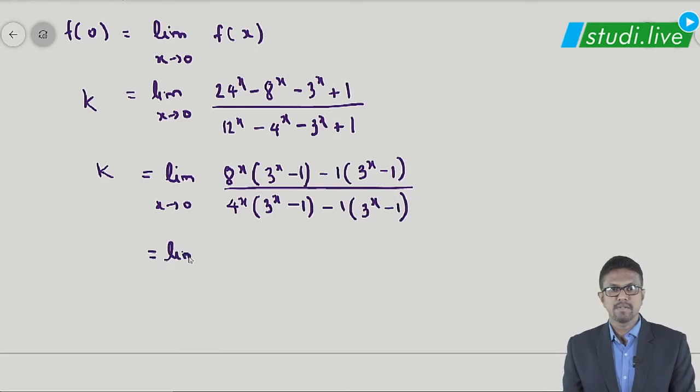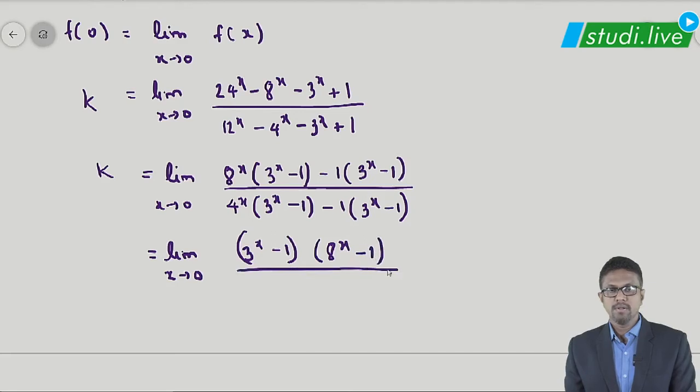So I can take 3 raised to x minus 1 as our common term. So limit x tends to 0, what is left is 8 raised to x minus 1 upon, this is also 3 raised to x minus 1 and this is 4 raised to x minus 1. So definitely these two terms can be cancelled. To complete the formula, I will have to divide by x.